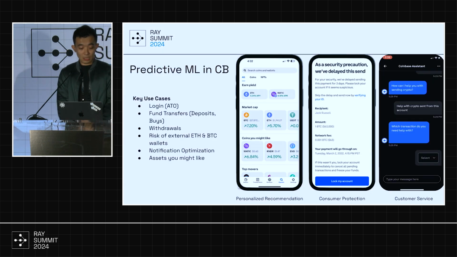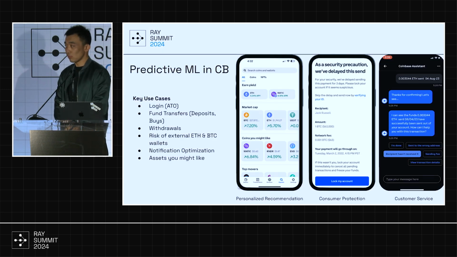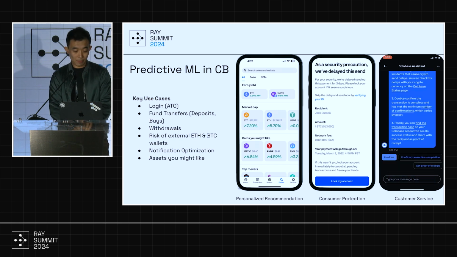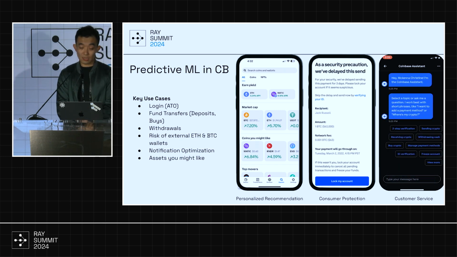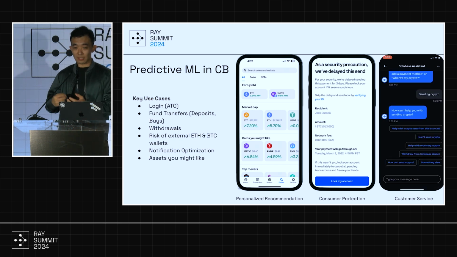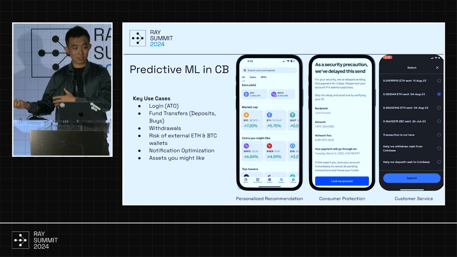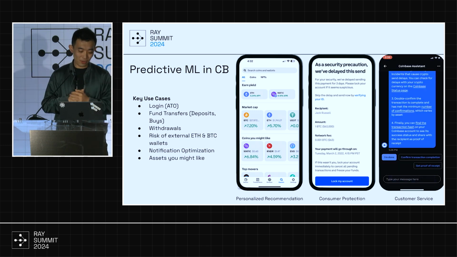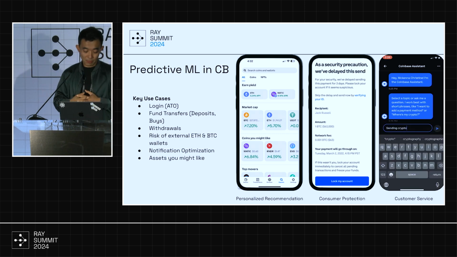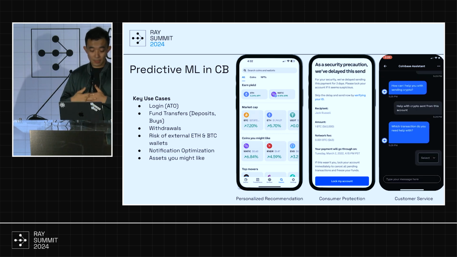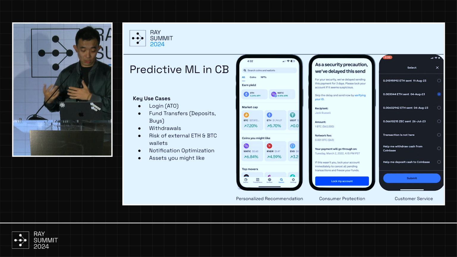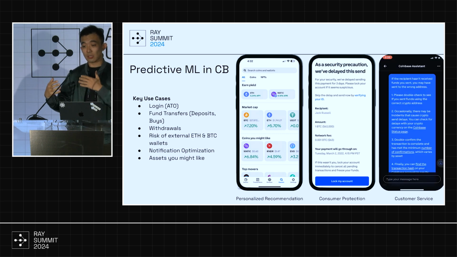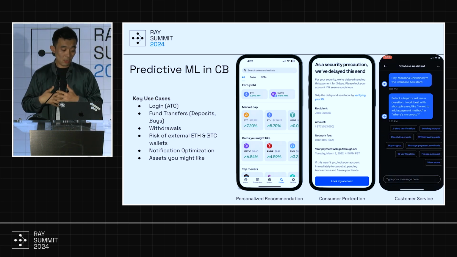Some use cases are predictive. We'll talk more about predictive ML. Some use cases are like login ATO, say account takeover. If your account is stolen, as there is a lot of fraud in the crypto area, we try to block this. Fund transfer, withdrawal risk, and risk of external Ethereum and Bitcoin wallets.